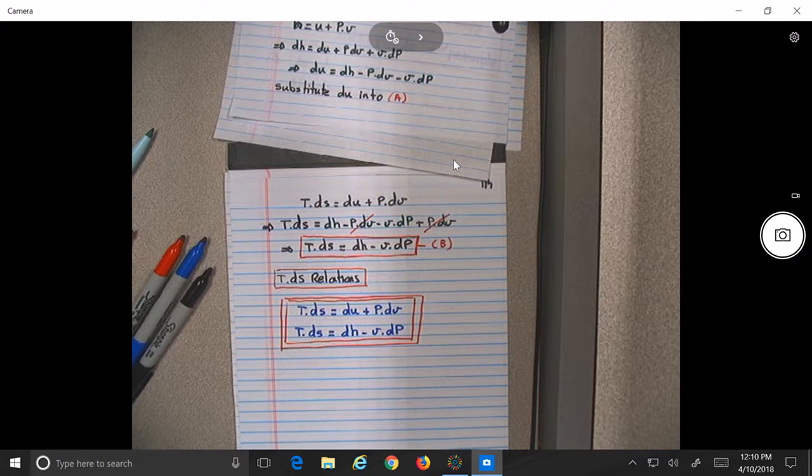These are general. We didn't say open system, closed system, ideal substance, or any type of substance. So the equations are very general.